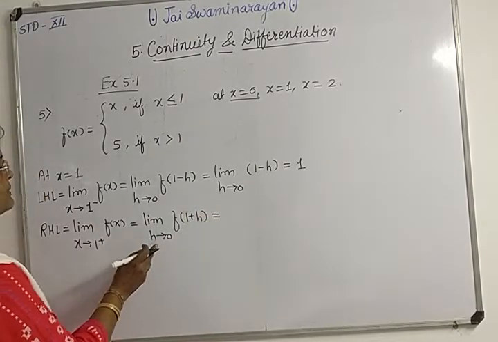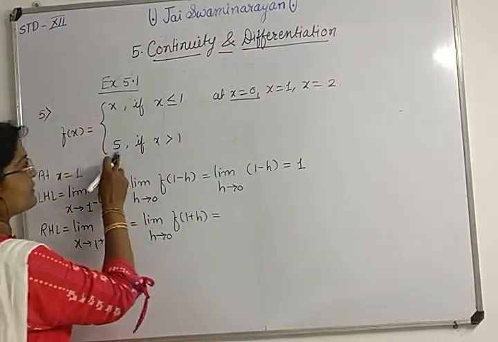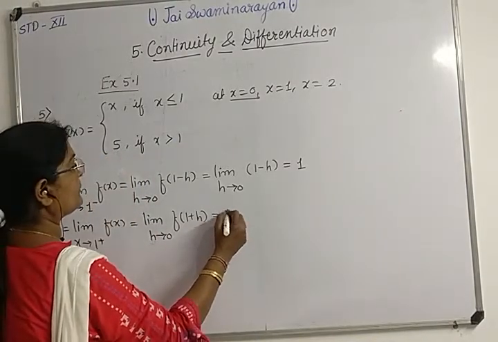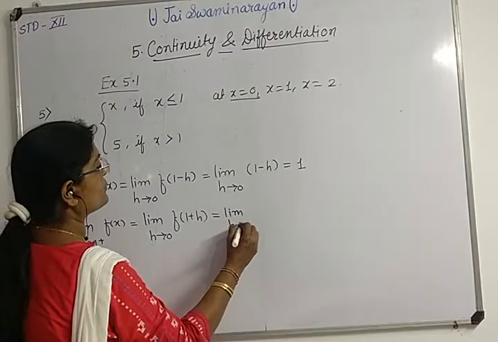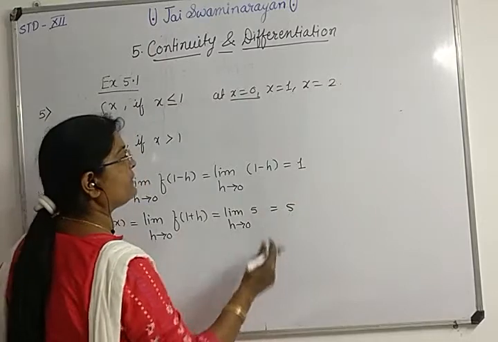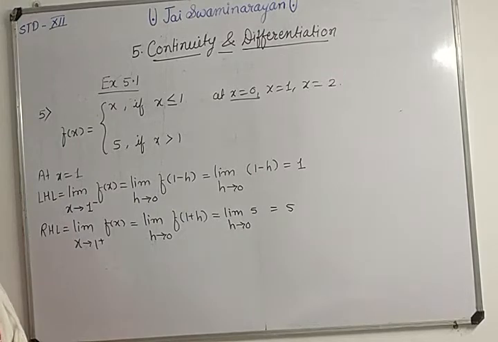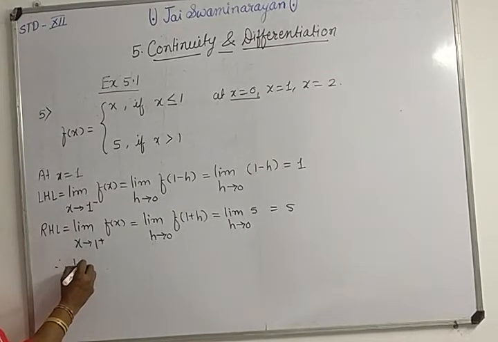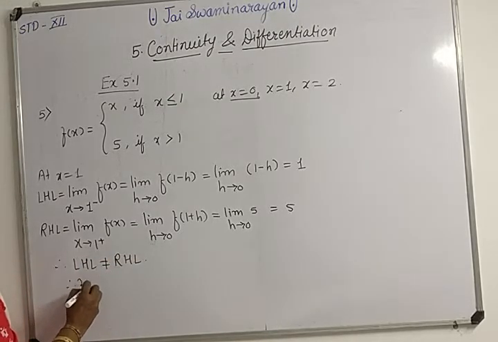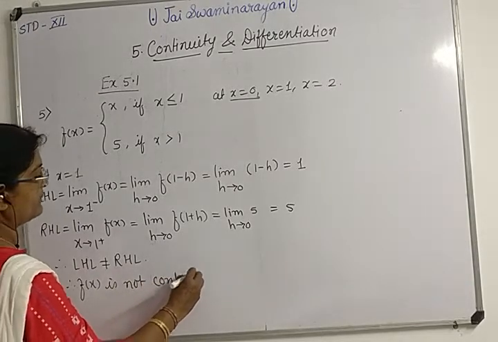Now towards the right, for x greater than 1 the function is this one. x greater than 1 के लिए फंक्शन 5 है, तो हमारा ये वैल्यू limit as h tends to 0 of 5, but it is a constant, उसमें h है ही नहीं तो उसका आंसर 5 ही आएगा. अब यहाँ पे दोनों वैल्यूज इक्वल नहीं है, इक्वल नहीं है मीन्स it is not continuous, therefore LHL is not equal to RHL, and therefore f of x is not continuous at x equal to 1.